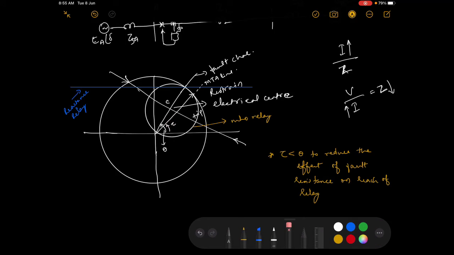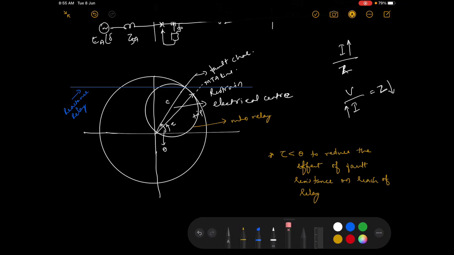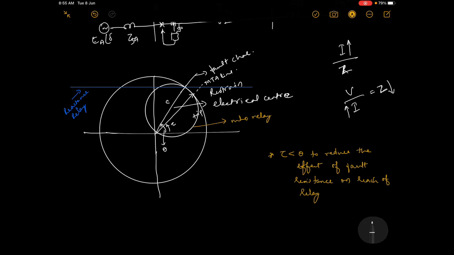You can see that the outer circle is the impedance relay, this is the reactance relay, and this is the Moore relay.